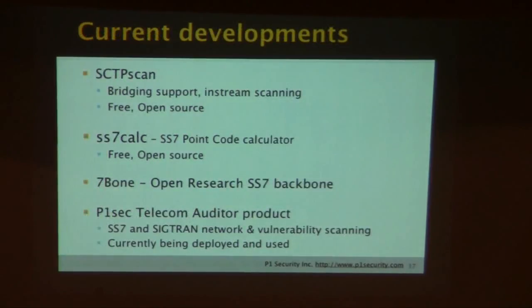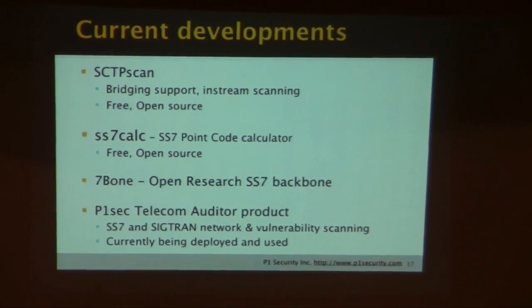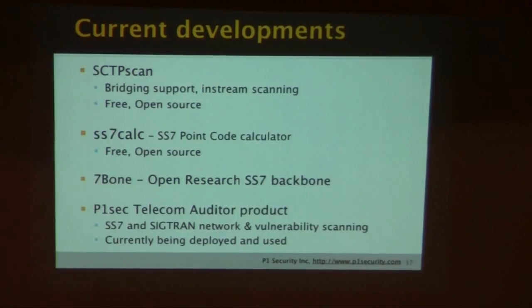So in the current development, you can download from the P1sec website SCTPscan and SS7 Cork, and even get in touch with us if you want to do some tests on the research networks that we selected. We also developed a product which is basically this automated scanner that enables things that are not currently used so much on the telecom side.